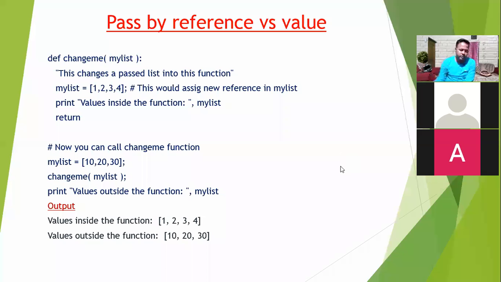Functions work in two ways. One is pass by value, another is pass by reference. Pass by value in a function is the default mechanism.